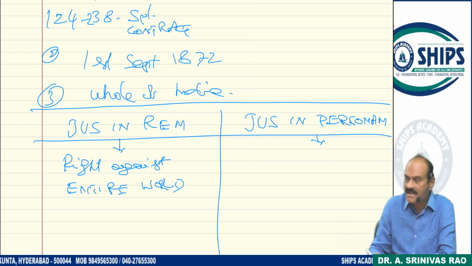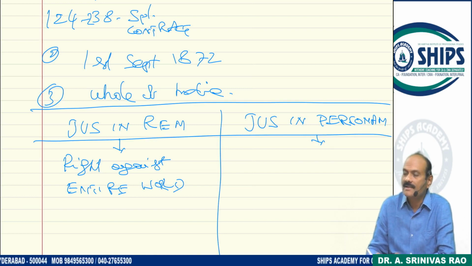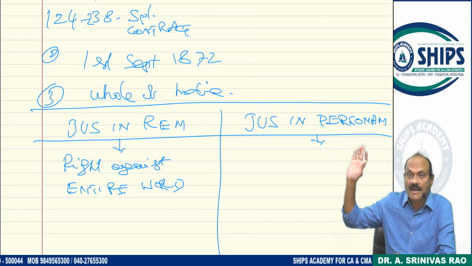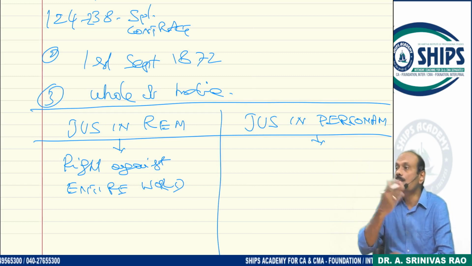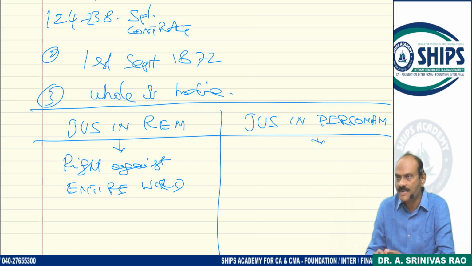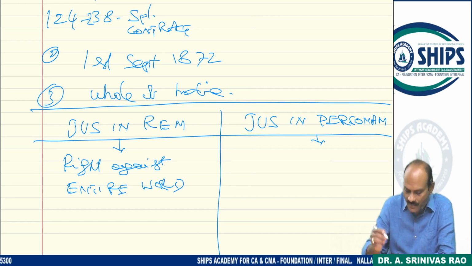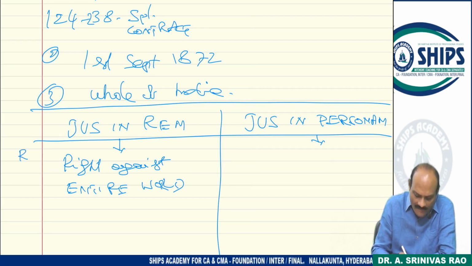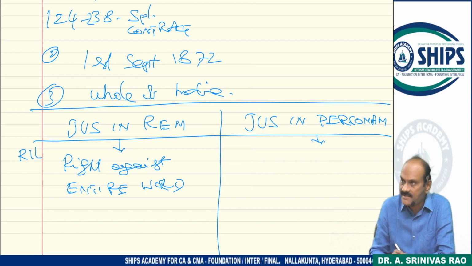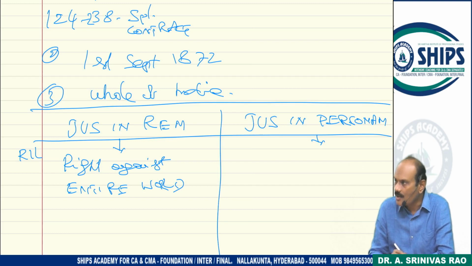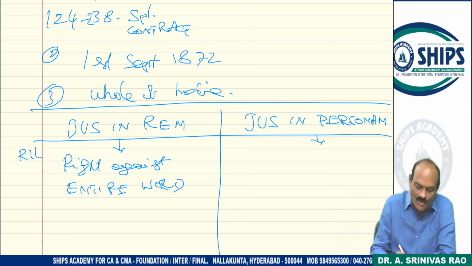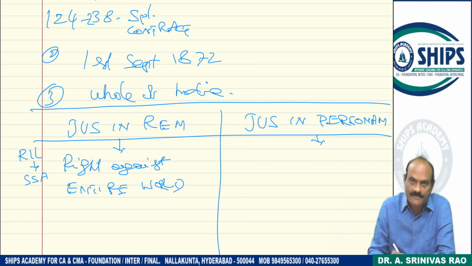Okay. Jus in rem. Right against the entire world. Right against the whole world. What does it mean? I will take one simple example. Probably all of you can understand in a simple way. RIL, Reliance Industries Limited, whatever goods and services they have produced, they sold to a sole selling agent.